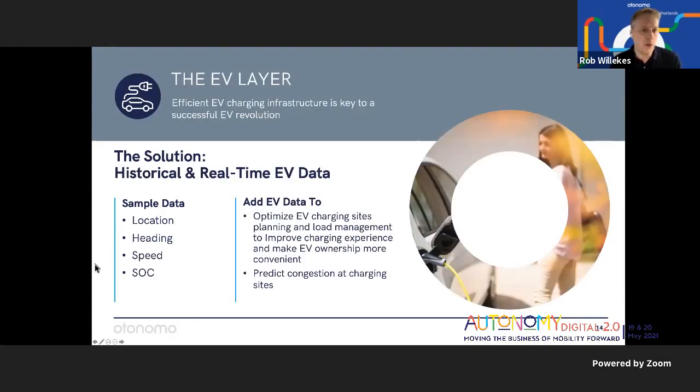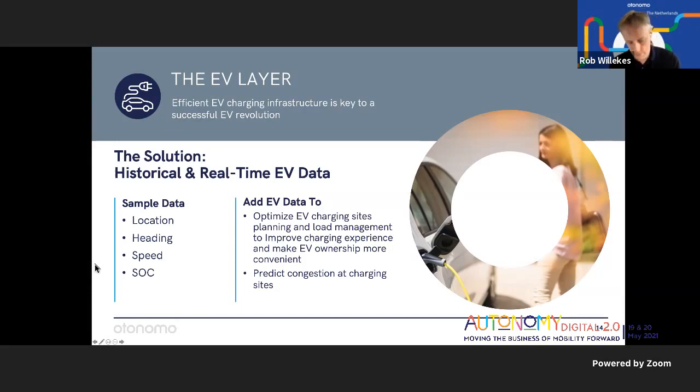So EVs are on the rise. They are on the rise in most countries because it's seen as a more viable solution to pollution, and therefore it's very important that not only the cars are being scaled, but also the infrastructure to charge these cars.